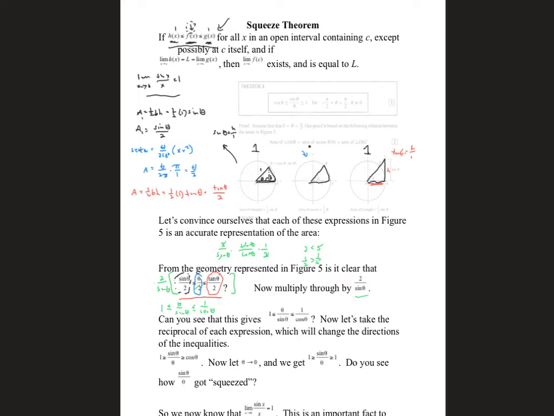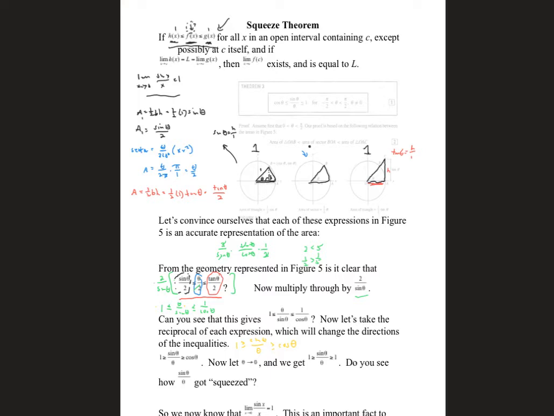So when we take the reciprocal of both sides, the reciprocal of 1 is just 1. We're going to switch the inequality to a greater than or equal to, and we'll go from our theta over sine theta to the sine theta over theta that we wanted, and we're also going to switch the direction of the next inequality, and 1 over cosine theta will become just cosine theta over 1.